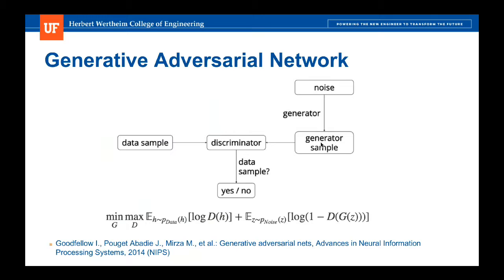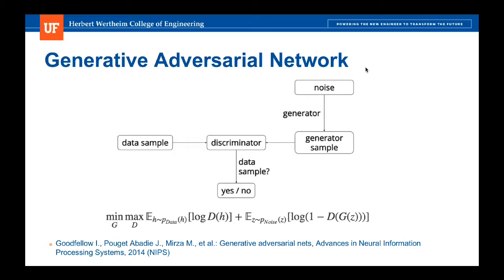In generative modeling, there are some excellent researchers. One of them is Goodfellow. He proposed a classic model called generative adversarial network. We call it game model. This network creates a competition between the discriminator and the generator.